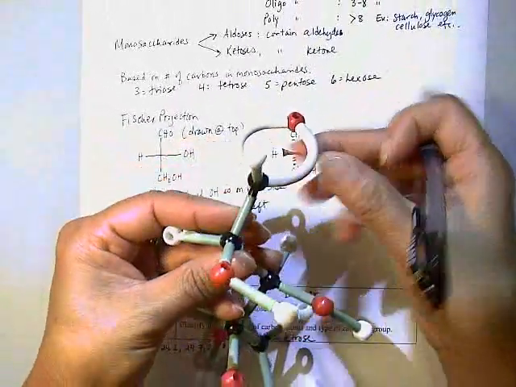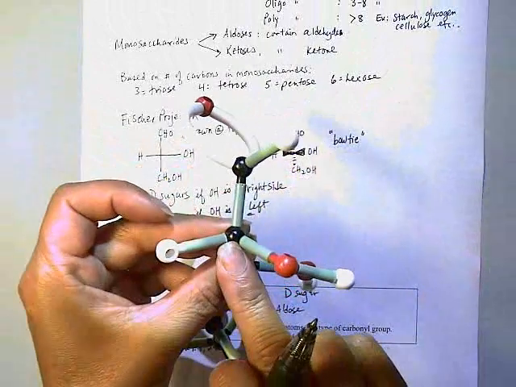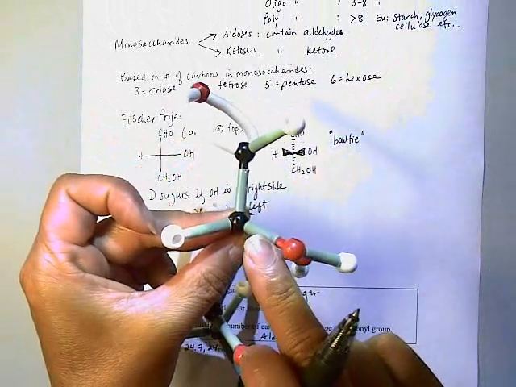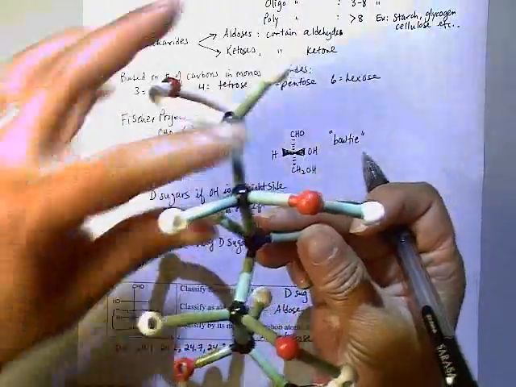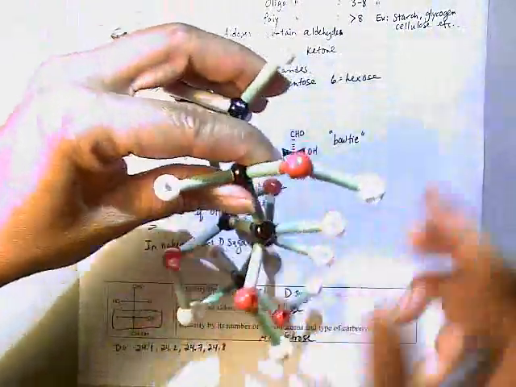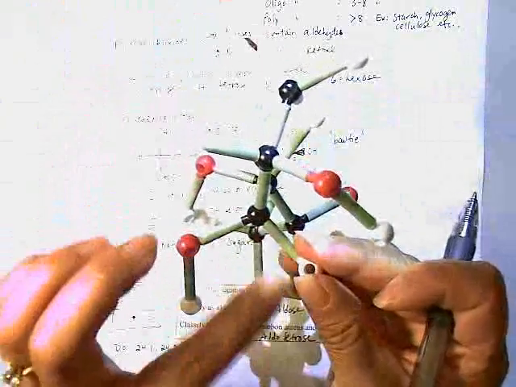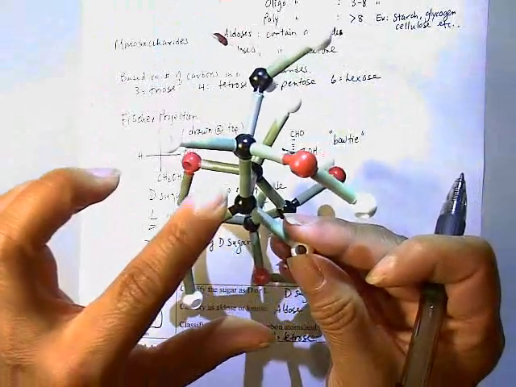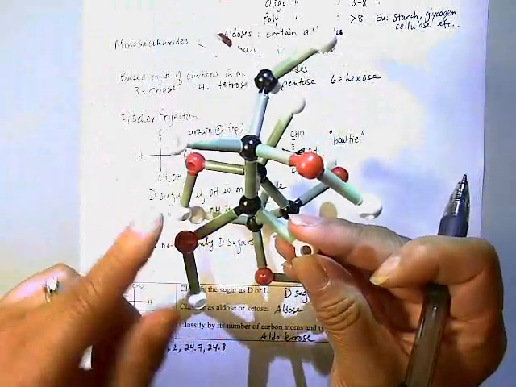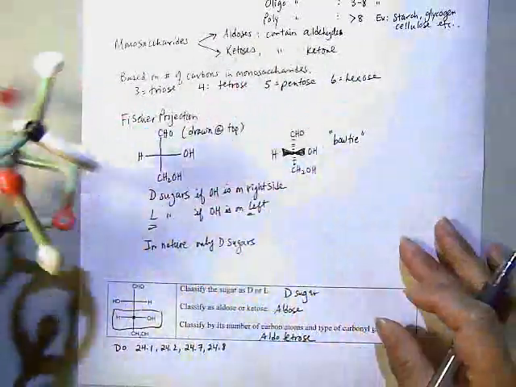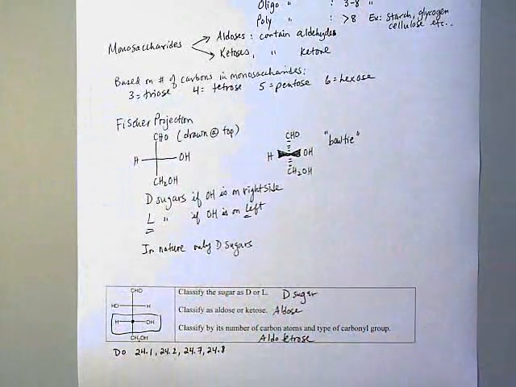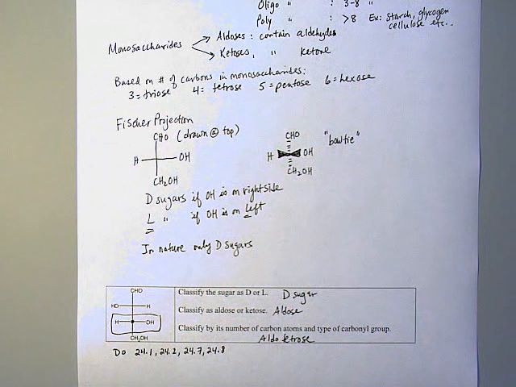All right, you are looking at each chiral center such that the horizontal bonds are coming out at you, and then in the next carbon, if it's not, then you need to rotate it so that it's coming out at you to determine whether the OH is on the left or right. All right, so you have to do that at each chiral carbon to determine what is on the left and right. Okay, so that concludes this lecture.